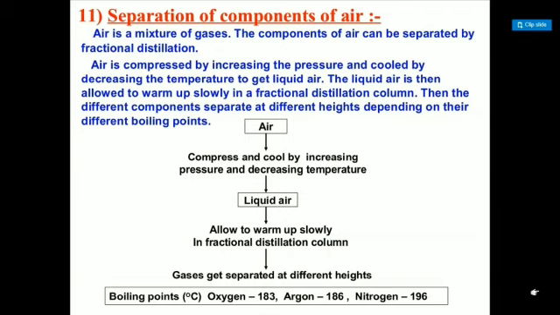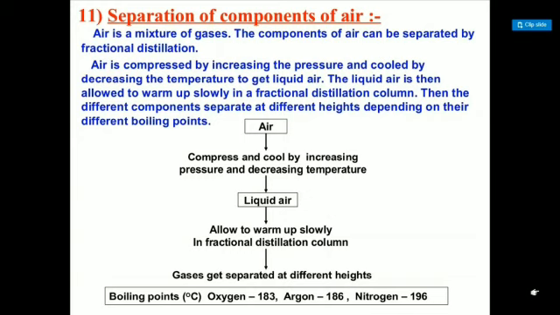Now, you know that air is not a compound or a single element; it is a mixture of different types of gases, particles, solid particles or water vapor, etc. So from the air, how can we separate the gases or the components? By compressing, increasing the pressure, and cooling by decreasing the temperature, to get liquid air.